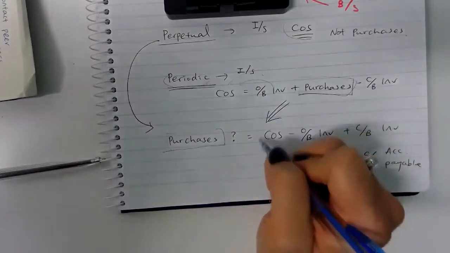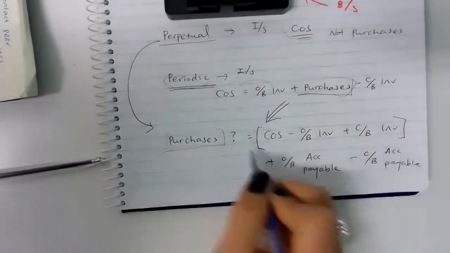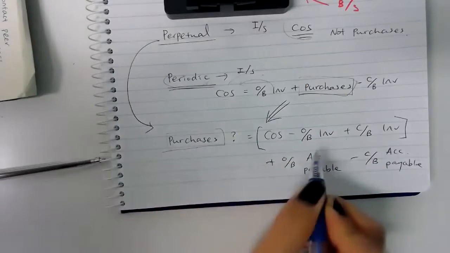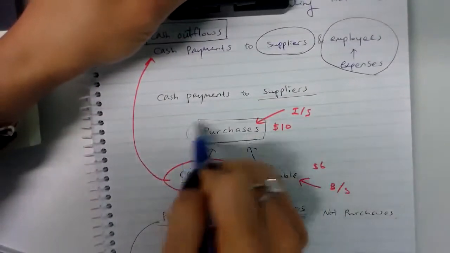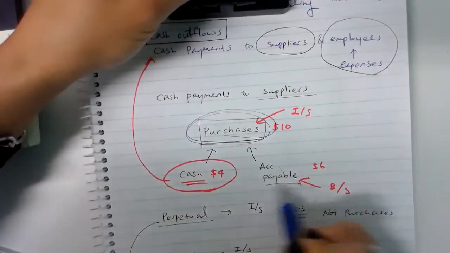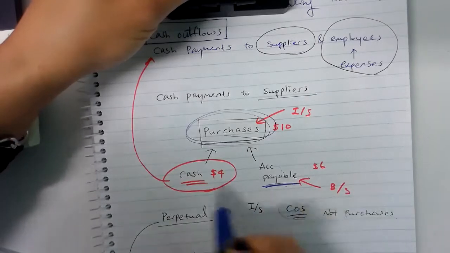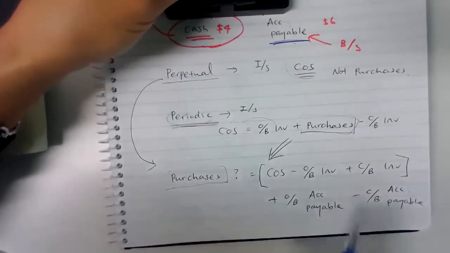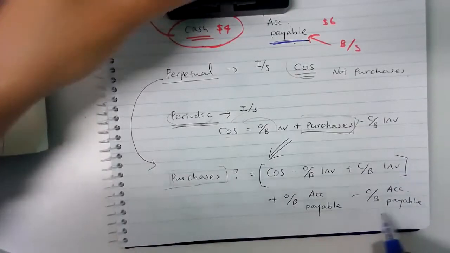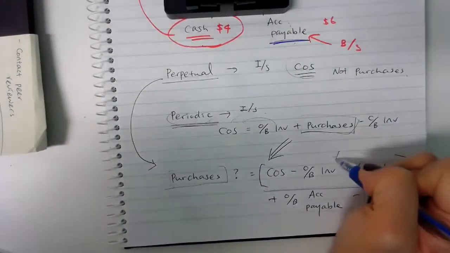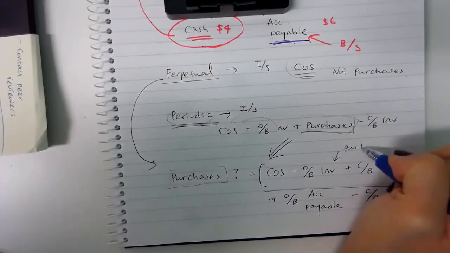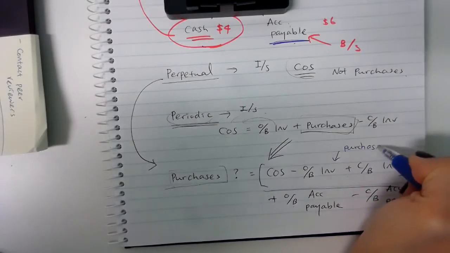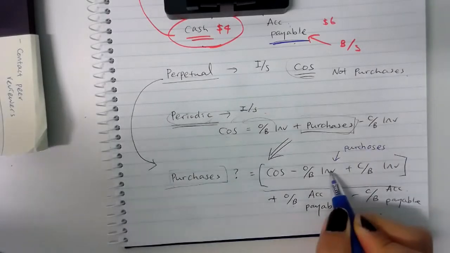Because this part is to actually work out purchases. So once we worked out purchases and then we adjust for accounts payable, then it will tell us how much cash purchases they made. So that's why we are doing this. So that is to essentially work out purchases for perpetual inventory system.